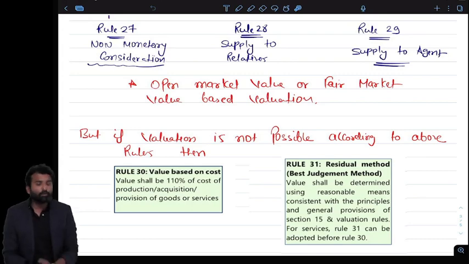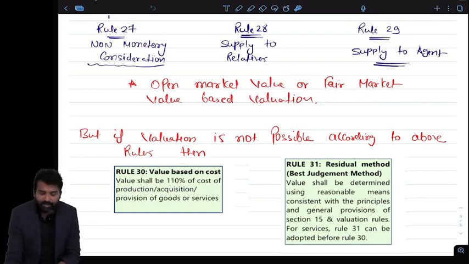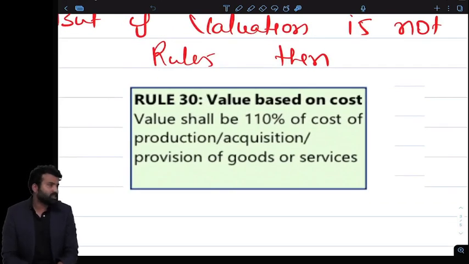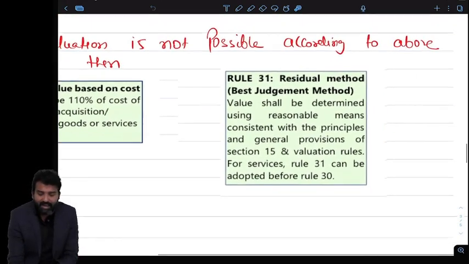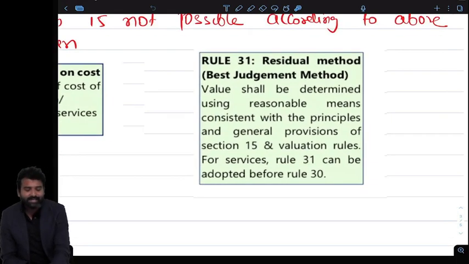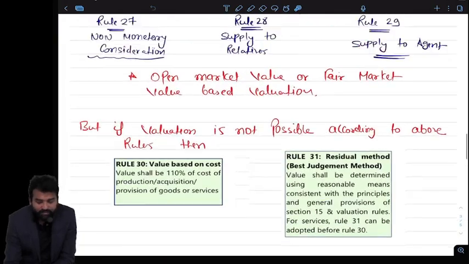Sir, what if the open market based valuation is not available? Then I have to go for cost of production based valuation. There I will be choosing 110% of the cost of production as my value. And even if that is not available, I will be going for the residual method, that is the best judgment. So this is how we will follow the valuation rules.